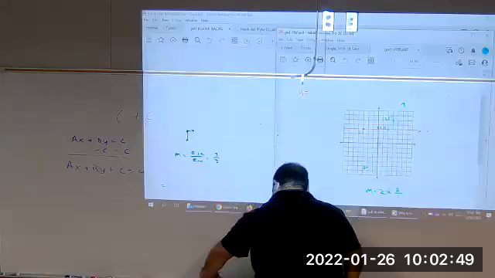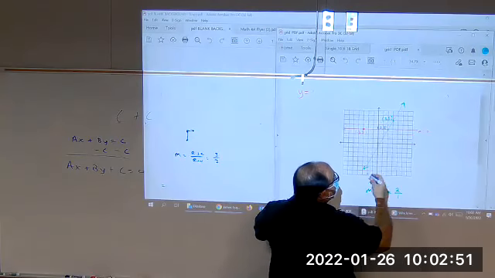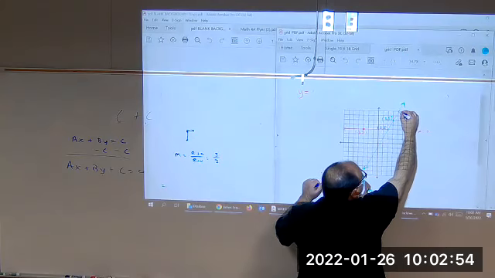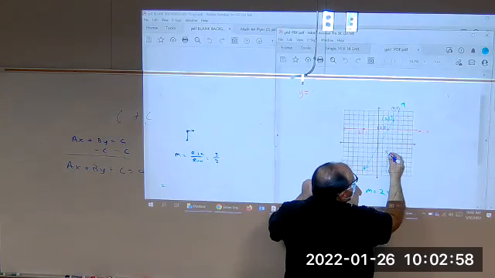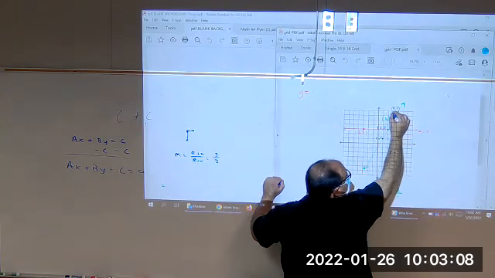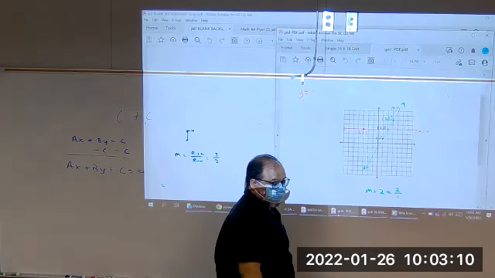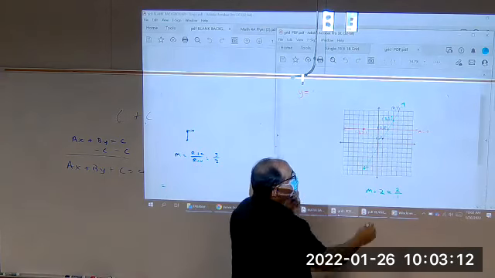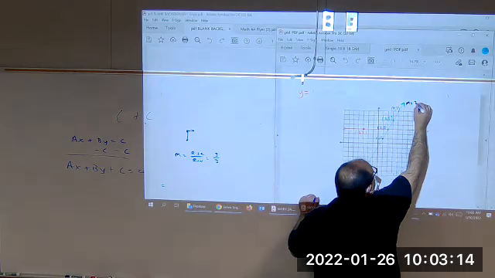If I maintain that slope and go up 2 and over 1, now I'm going to be at 4, 7. I could go down 2 and left 1. If I go negative over a negative, that's a positive slope. But now I'm at 1, 1. All of these are like a staircase. They're all in the same line. But this is my slope of 2.